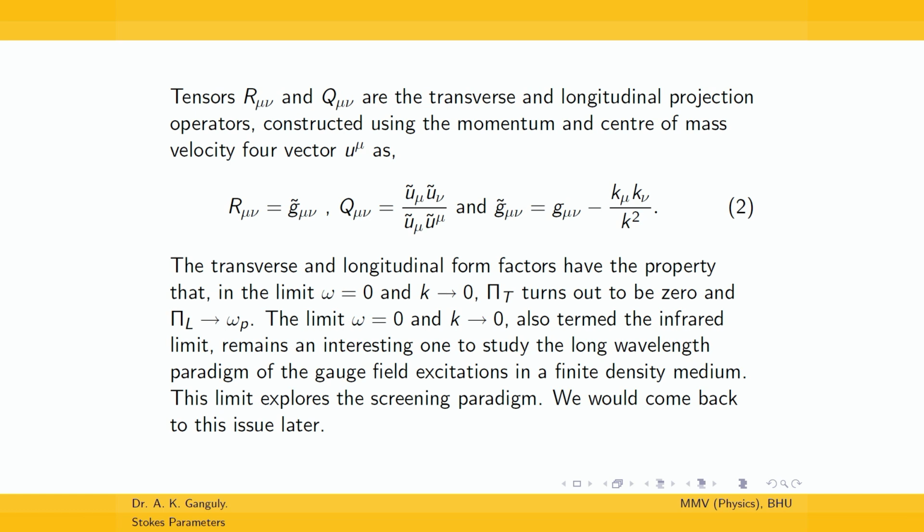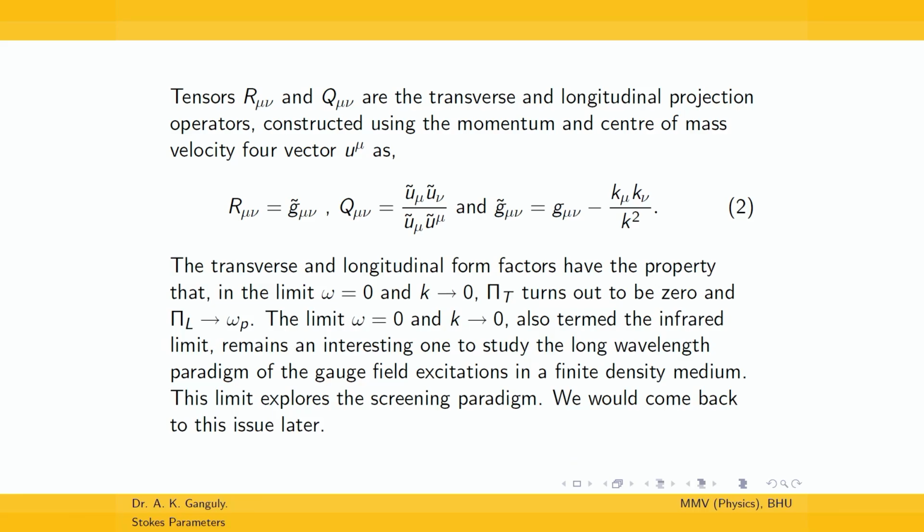And the q mu nu, which is the longitudinal tensor, takes care of the longitudinal part, or projects out the longitudinal part of the polarization tensor, and is given in terms of the 4 velocities u tildes and a normalization factor that is obtained when these u tildes are contracted.